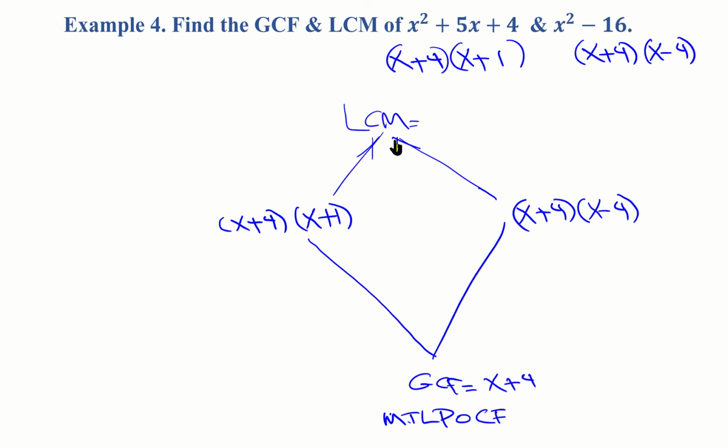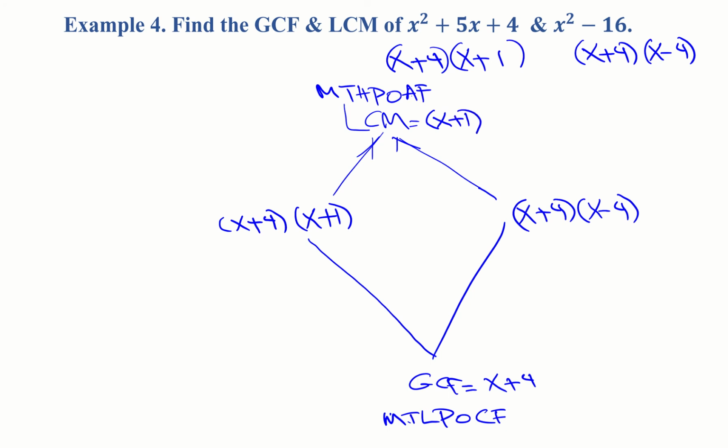Now for the LCM, remember we're going to multiply the highest power of all factors. So notice the factors that are involved here. We have x plus 1, x plus 4, x minus 4, right? We don't need to count x plus 4 twice. So basically, we're just going to multiply all of those to get the LCM.